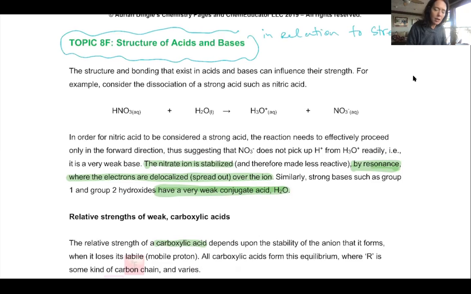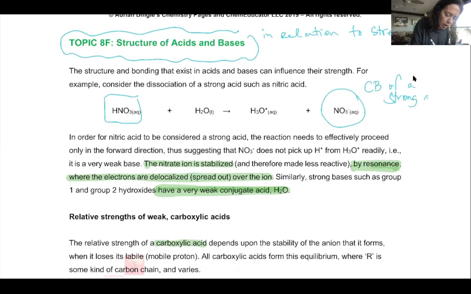But we know that this is a strong acid, and this is the conjugate base of a strong acid. Therefore, it is stable because it does sit in solution. So it's stable. It's going to stay there.